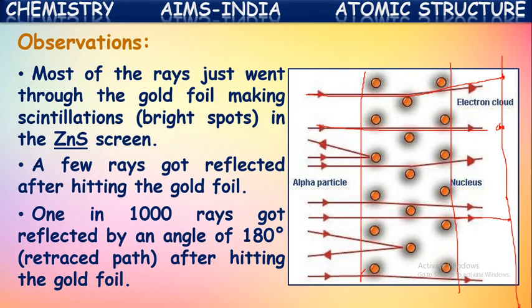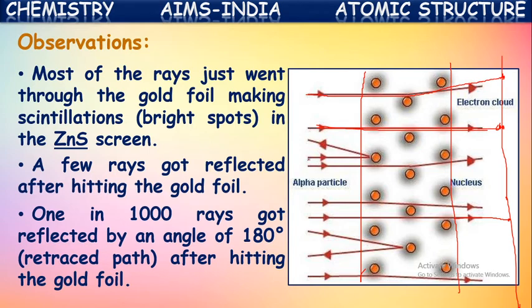So first one, if you see, most of them directly pass through the gold foil, which means most of the space in the atom is empty. This is a conclusion given by him. And some of the alpha particles get deviated from their path after reaching the nucleus of the atom. From this, he told that the positive charge is located at the center of the atom.